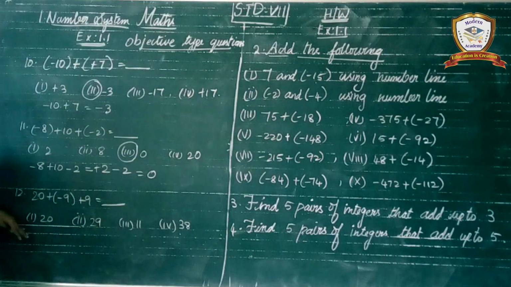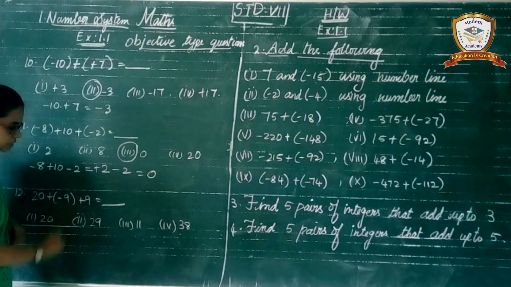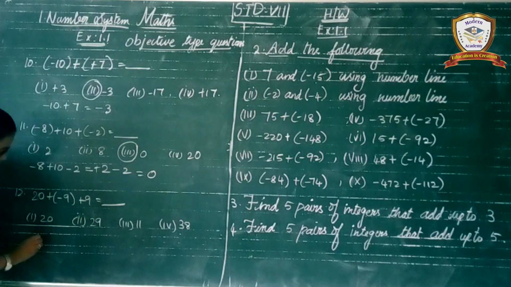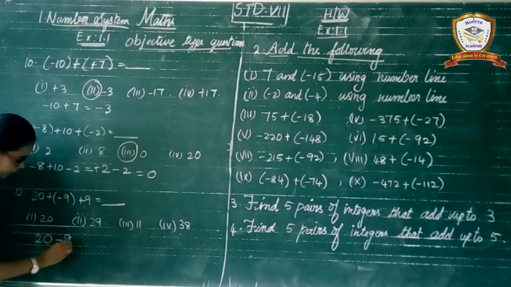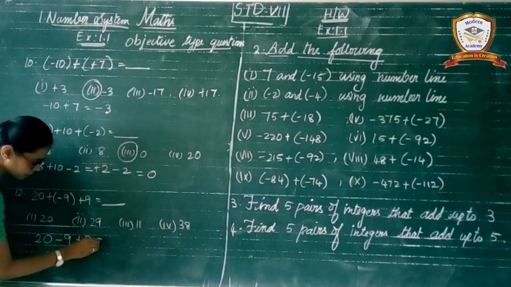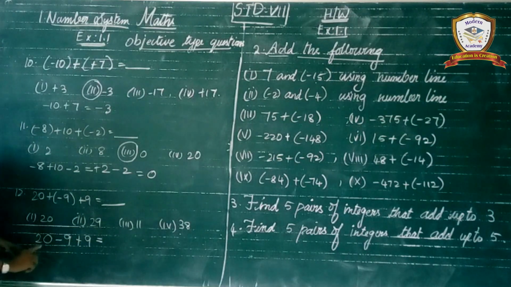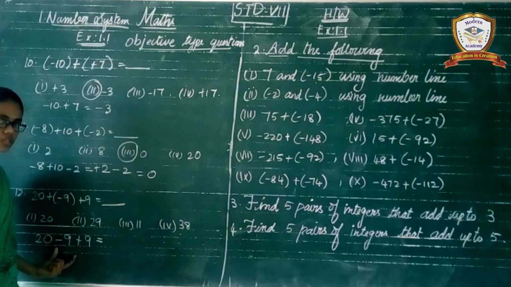Okay. Next move to the last one. 20 plus or minus 9 plus 9. Okay. Then 20. We remove the bracket. So plus into minus, minus 9 plus 9 equal to. See, first these two we want to simplify. So positive and negative both are different sign. Different sign means we need to subtract.